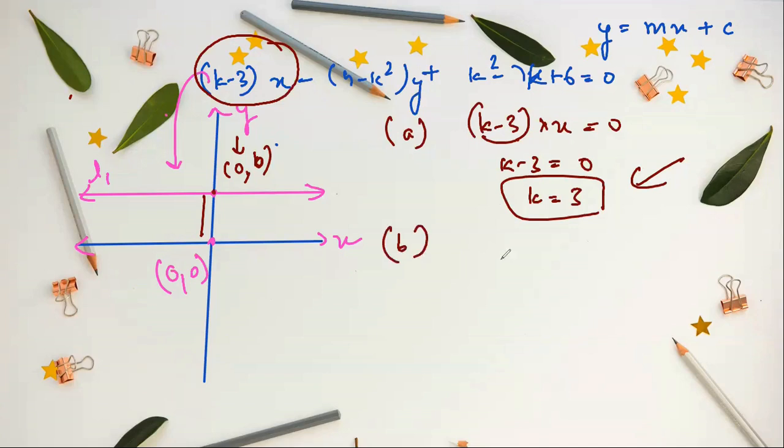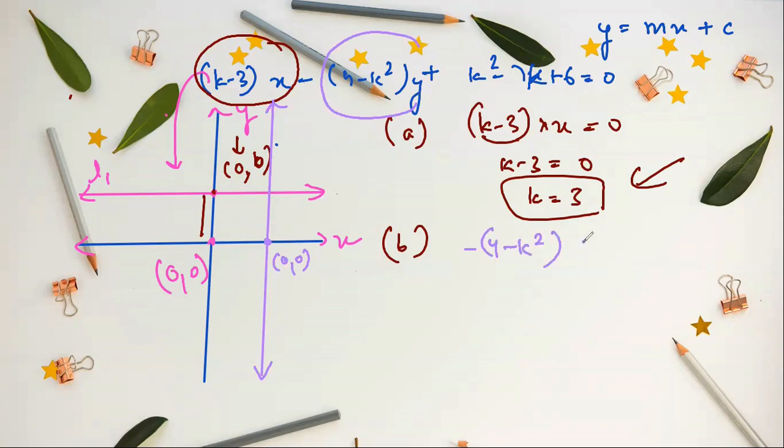Now for part B, they are saying that the line is parallel to the y-axis. So let's say the line is parallel to the y-axis. On this side I'm making it, you can make it on the left-hand side also, it's your choice. When the line is parallel to the y-axis, it means the line is passing through the x-axis, and this point is called (a, 0). When the line is passing through the x-axis, y is 0 at that point, so the coefficient multiplied with y is also equal to 0.